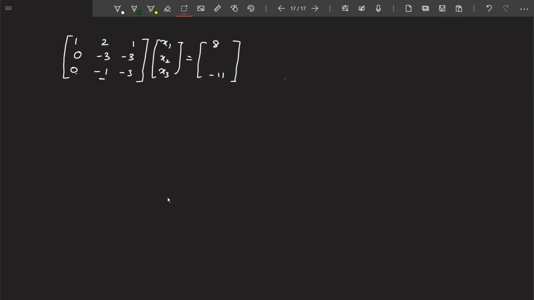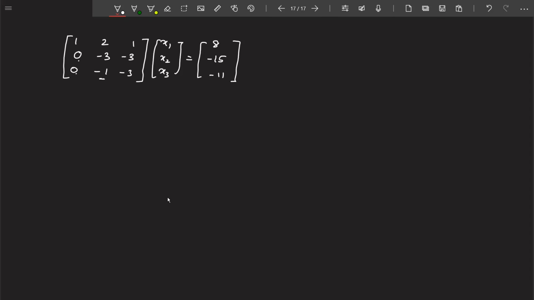Okay. We forgot to fill this element also. But if you do that, I think the value that you'll be getting is going to be minus 15.